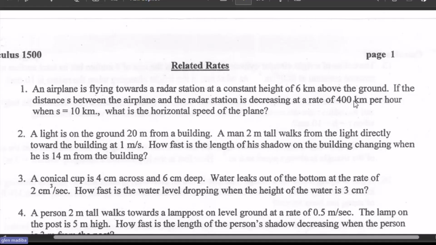Now, let's go back to this theorem of Pythagoras, which is x squared plus y squared equals s squared. Okay? Do we agree that the derivative of x squared is 2x dx over dt? Remember, we said x squared plus y squared equals s squared.